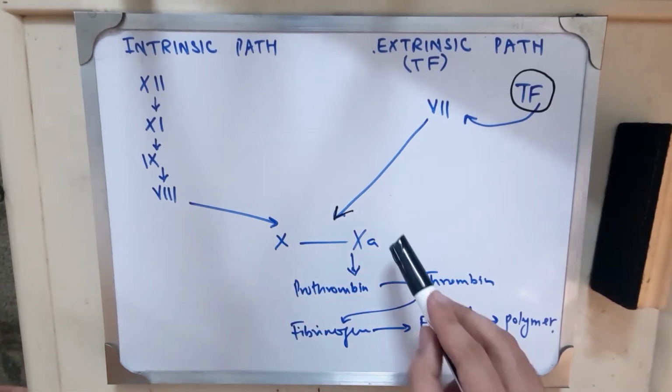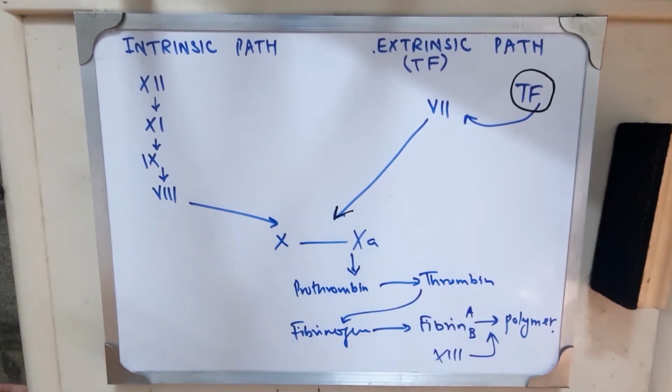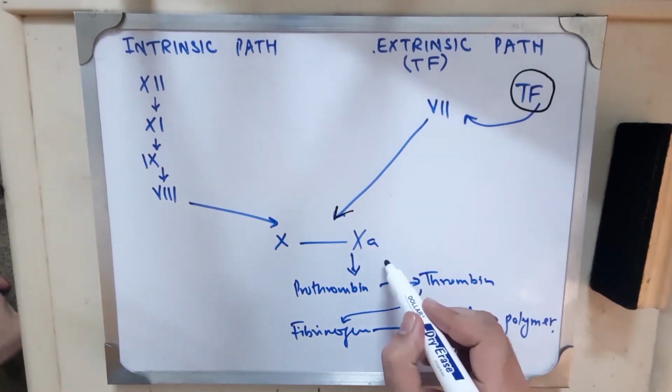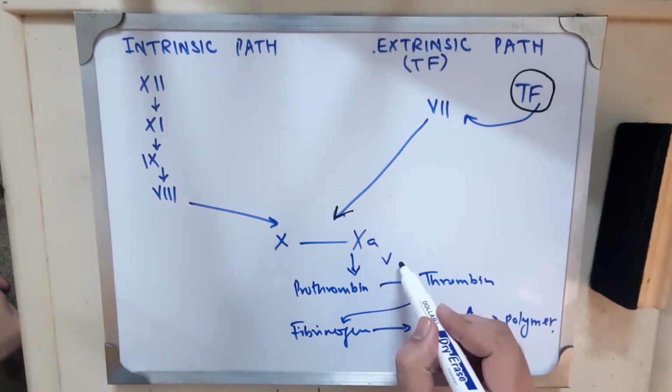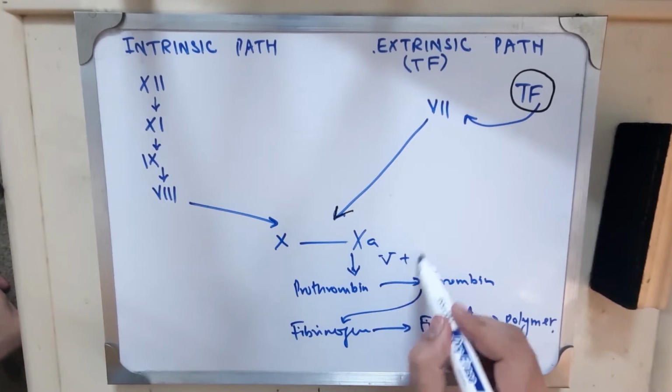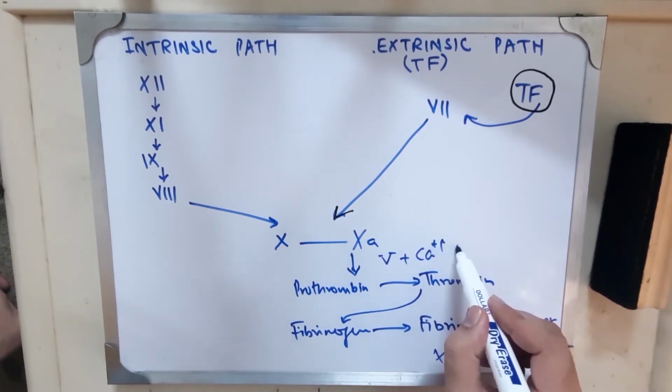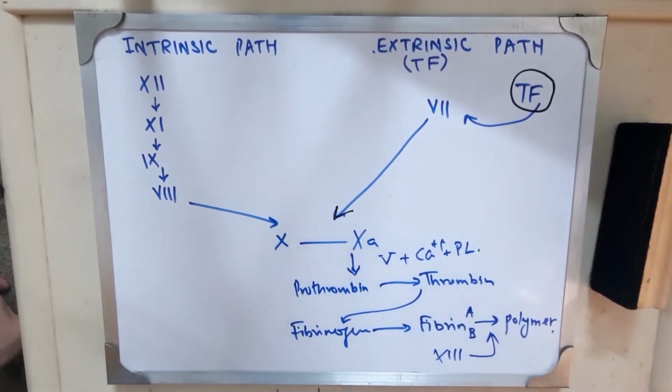This A shows the activated form of factor 10 which activates prothrombin to thrombin with the help of factor 5, calcium and phospholipids. This thrombin activates fibrinogen into fibrin fragments A and B which polymerize to form a fibrin clot. Factor 13 stabilizes this clot.